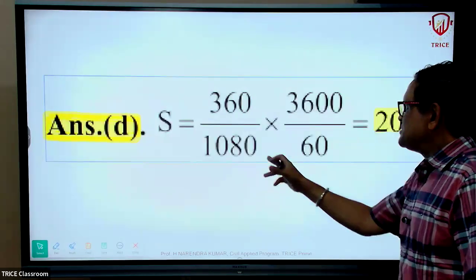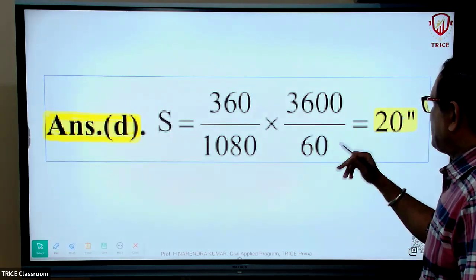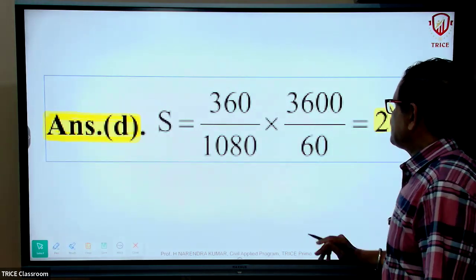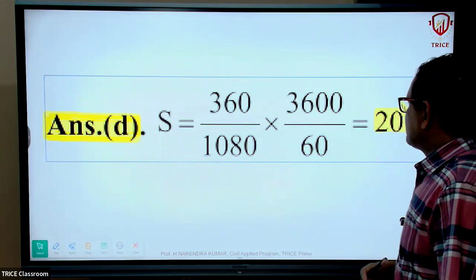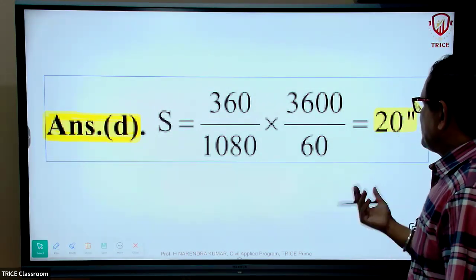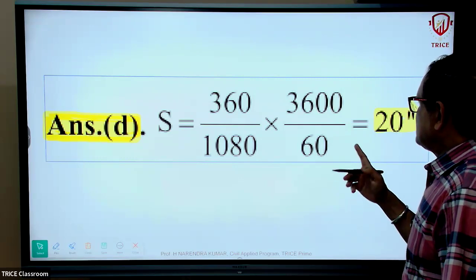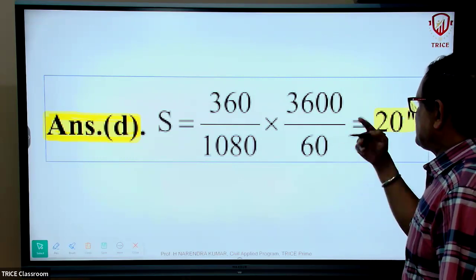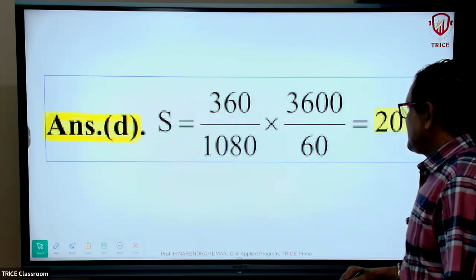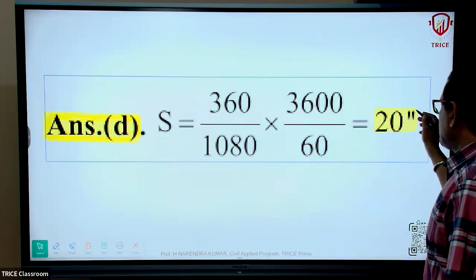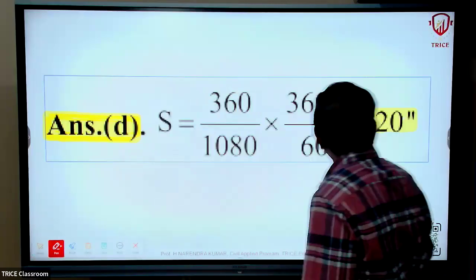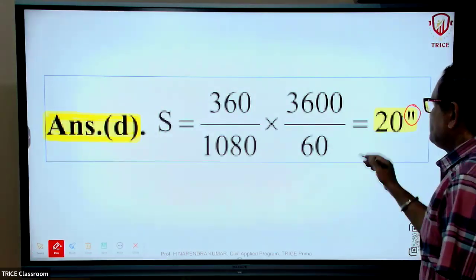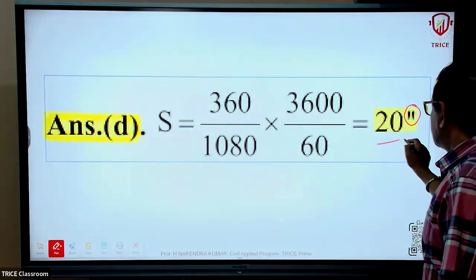So, 360 divided by 1080, multiplied by 3600, divided by 60. Why 3600? Because 1 degree is equal to 60 minutes and 1 minute is equal to 60 seconds, so 60 multiplied by 60 becomes 3600, divided by 60. I am converting this into seconds. If you calculate this, you'll get 20 seconds.